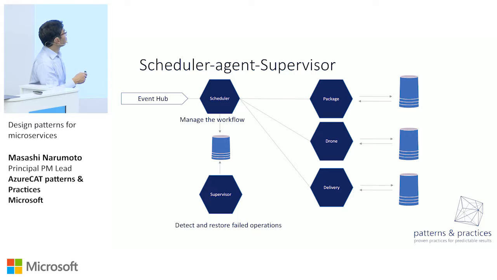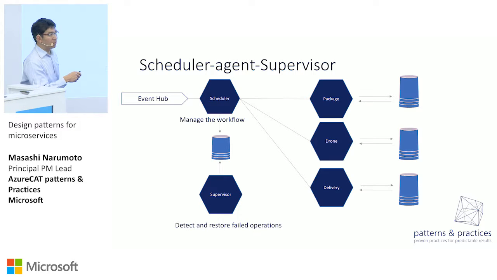In this case, the scheduler calls these three backend services: package, drone, and delivery. But the problem is, what happens if some of those operations fail? How can you make sure that the system is consistent? That's where the supervisor comes in.